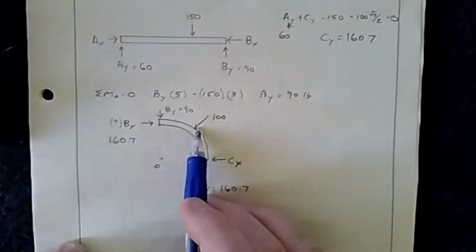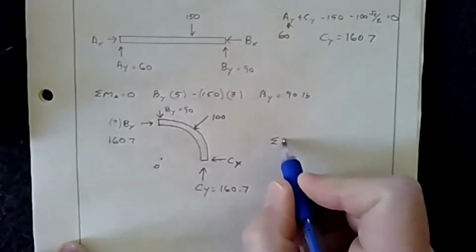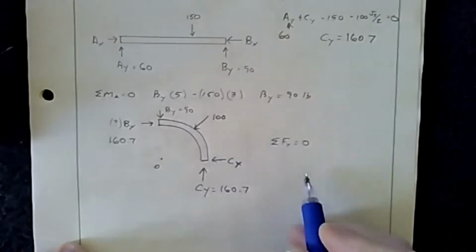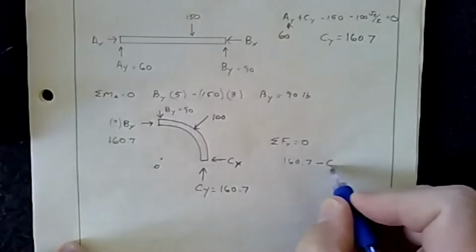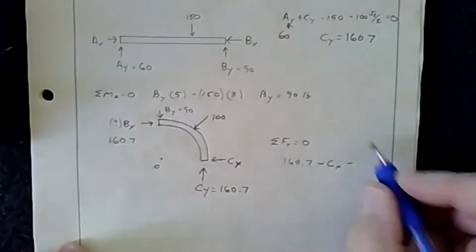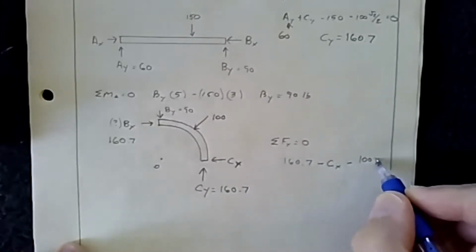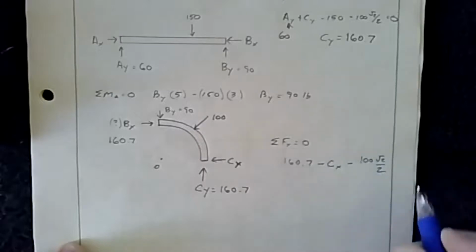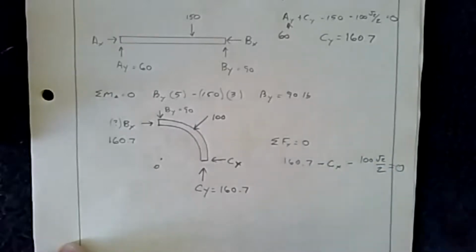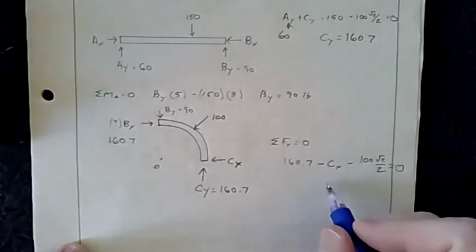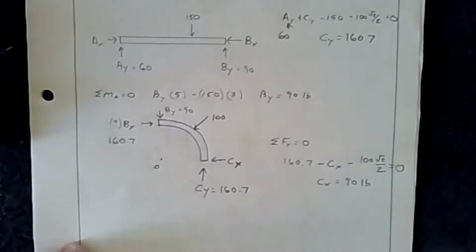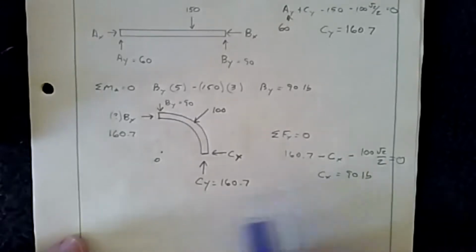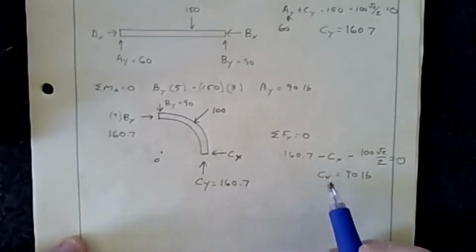And then if we sum the forces in the X, then we have 160.7 minus CX minus, and again, it's 100 times square root of 2 over 2, same in both X and Y, all equals 0. And so if we do that, we get CX equals 90 pounds. So we have CY, we have CX is 90 pounds.